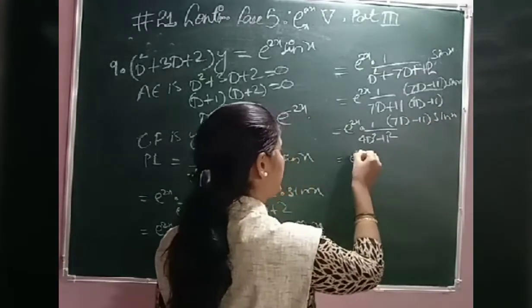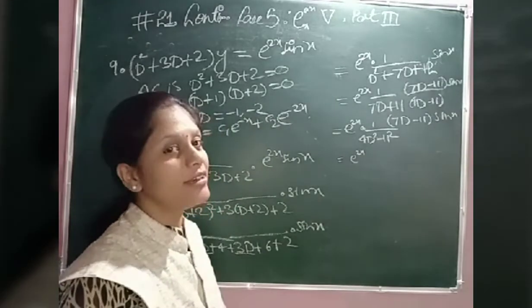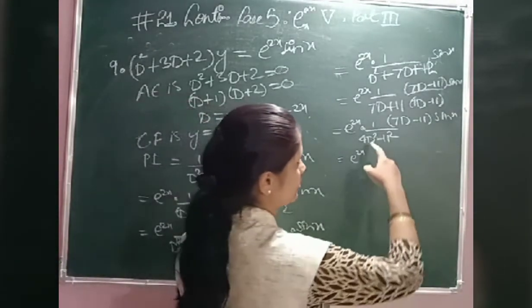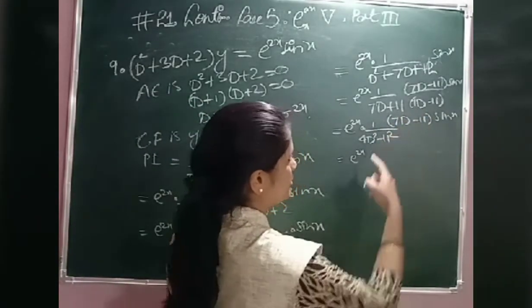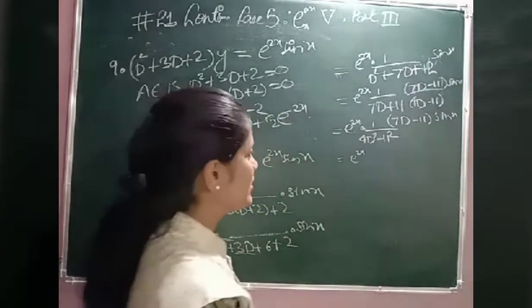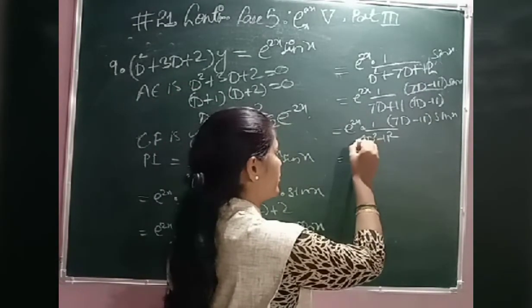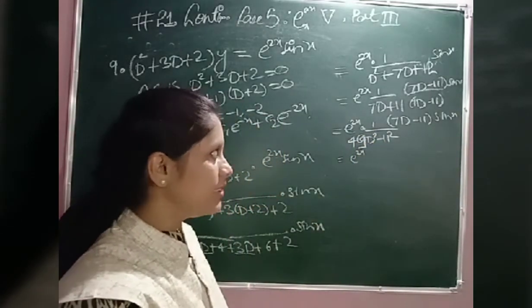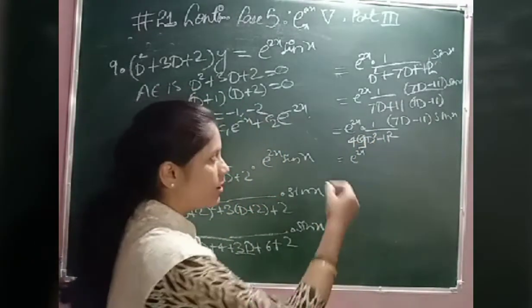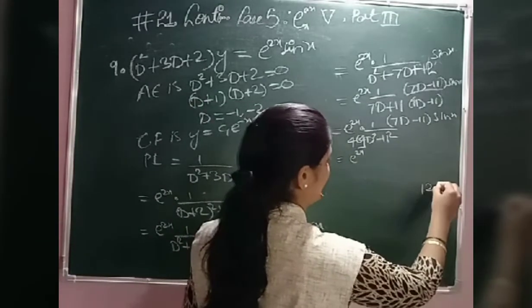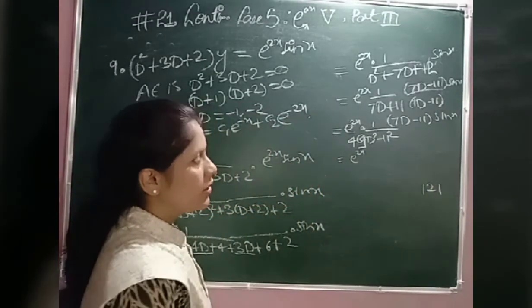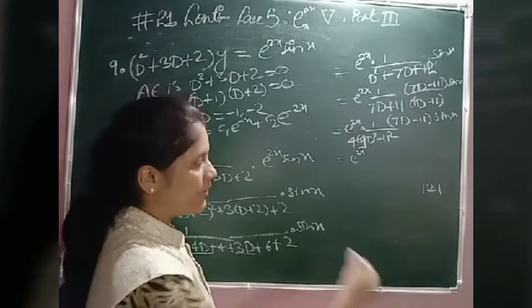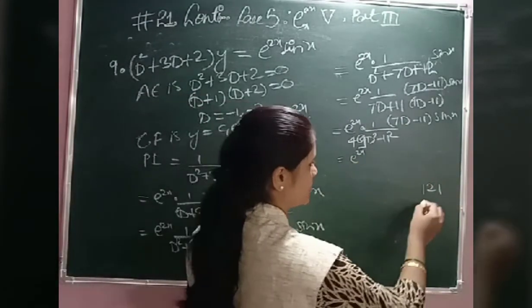So e raised to 2x as it is. D square is again minus 1. So 7 7s are 49, 49 D square minus 11 square. 11 square is 121, and 49 D square is minus 49.